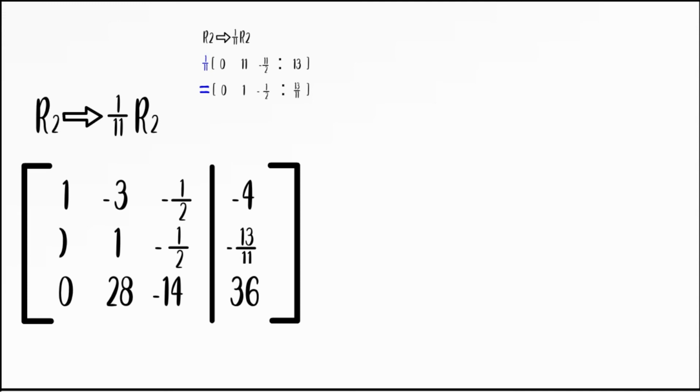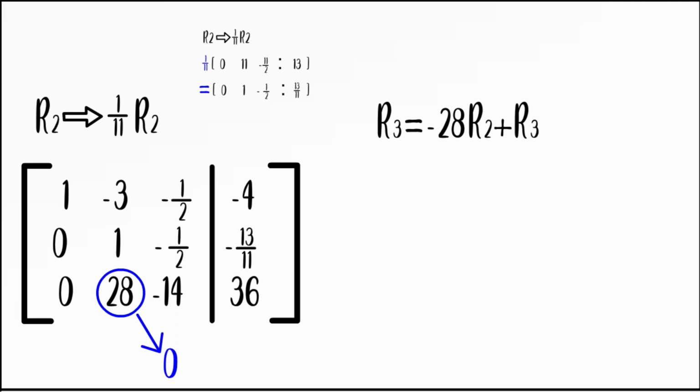Now, turn the second entry of R3 to 0. Multiply negative 28 to R2 and add to R3.